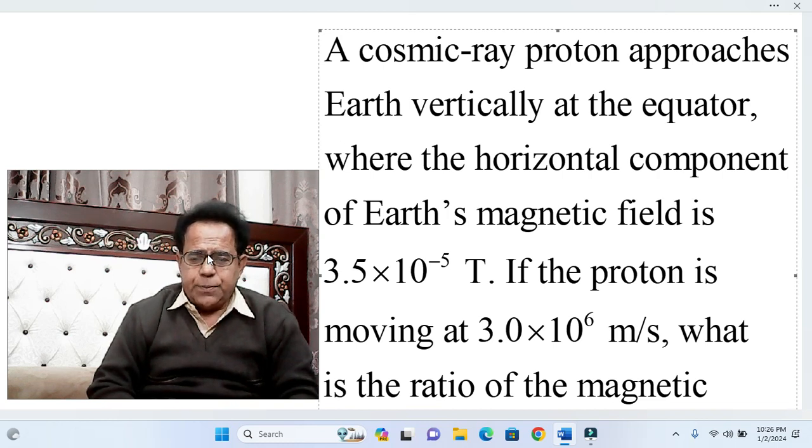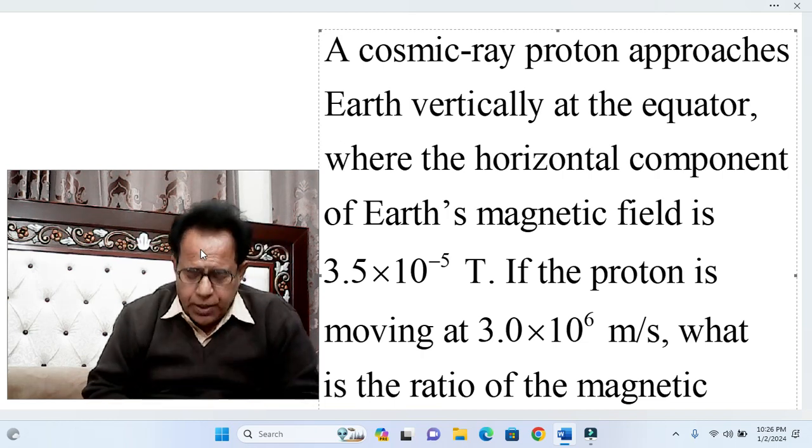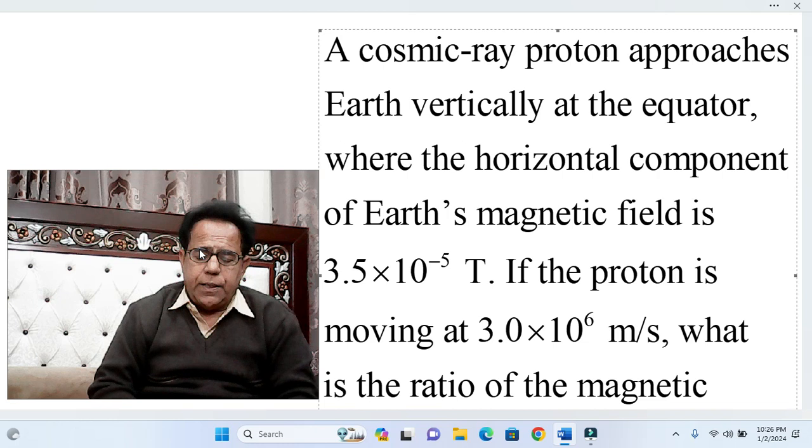This is our next problem, chosen from the same book, Modern Physics by Paul A. Tipler. As usual, we first come to its statement. A cosmic ray proton approaches Earth vertically at the equator, where the horizontal component of Earth's magnetic field is 3.5 × 10^-5 Tesla.